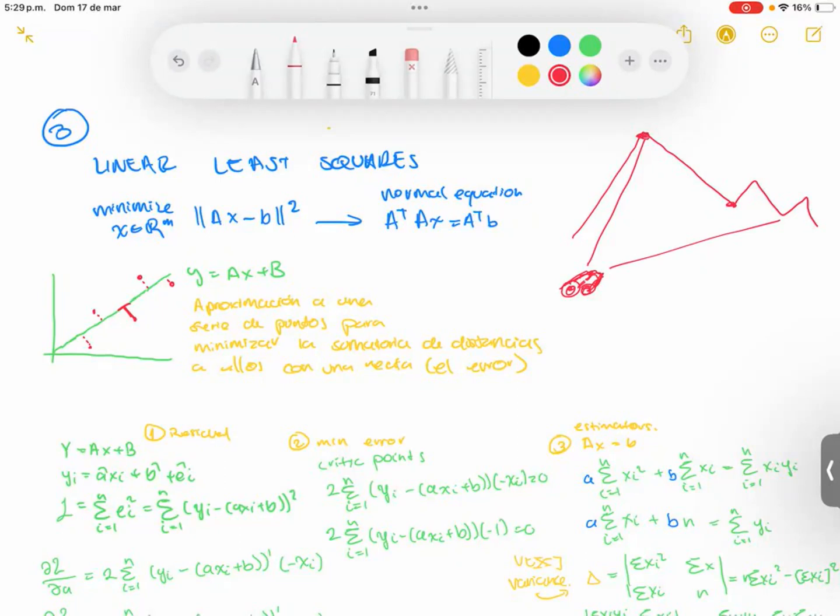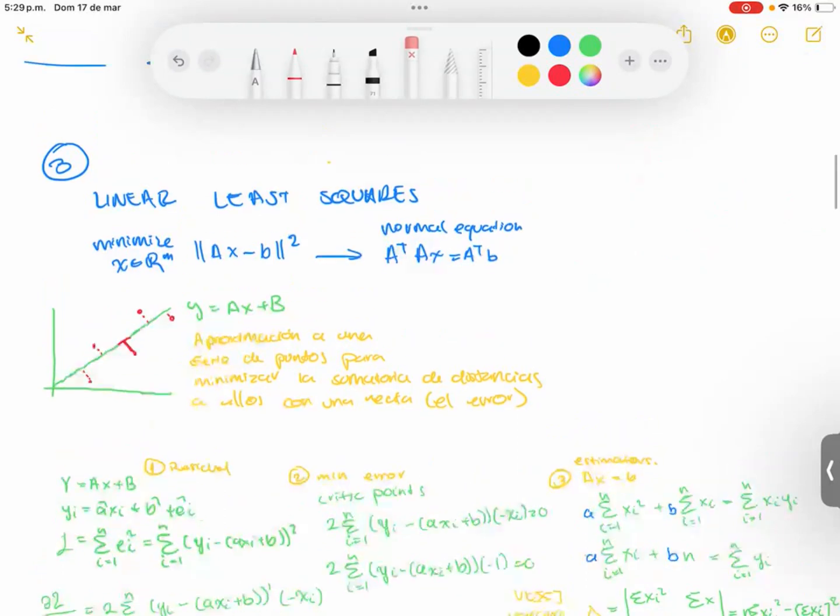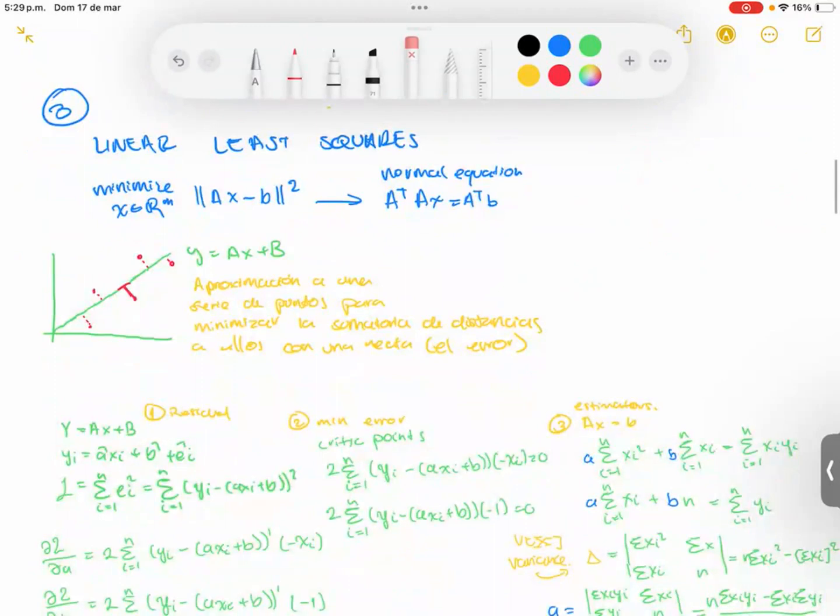Okay, now once we remember that part of optimization, how can we get the critical points towards minimizing the error of an approximation of a linear equation, in this case A multiplied by X plus B?